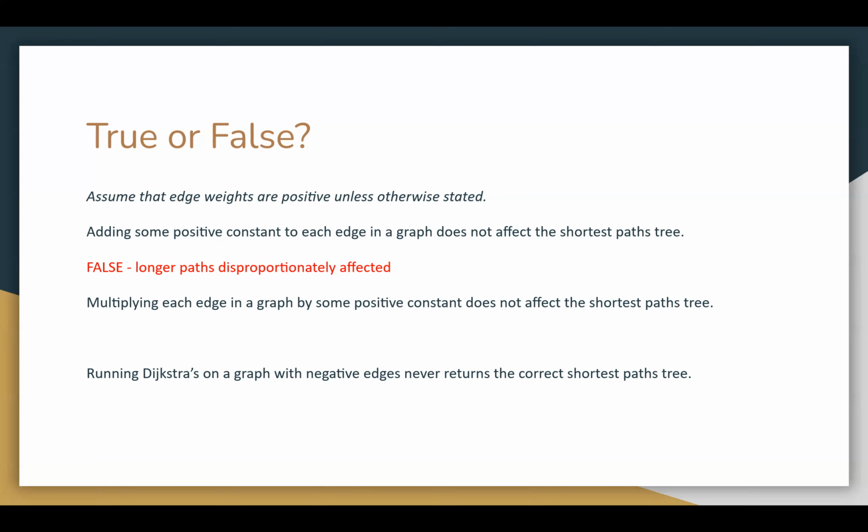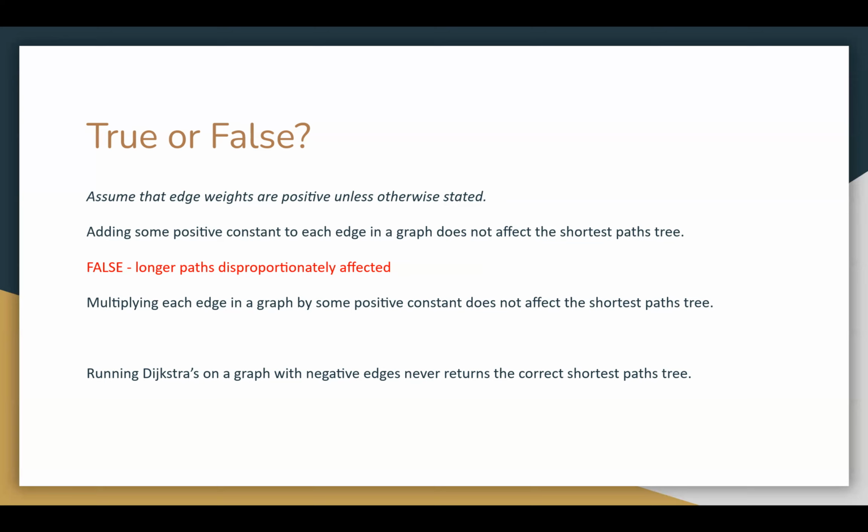So we can see that, let's say we have a graph with vertices A, B, and C, and we are finding the path to all other vertices in the graph starting at A. So if A to B is 2, B to C is 4, and then A to C is 7, and we add 2 to each edge.